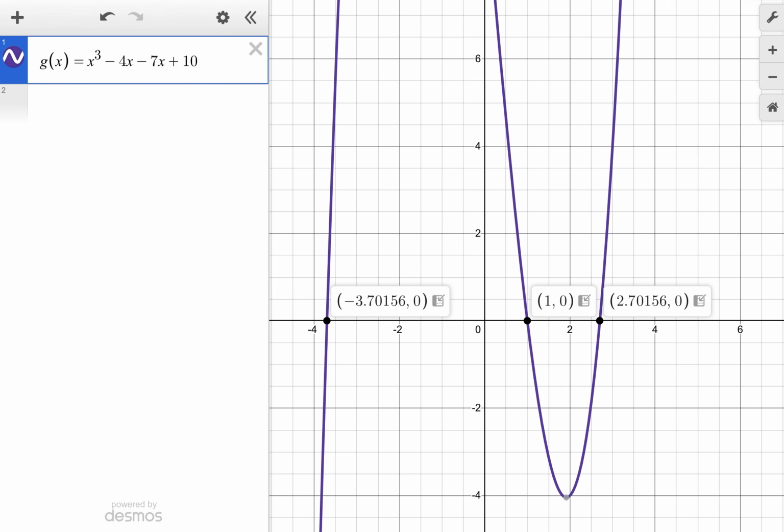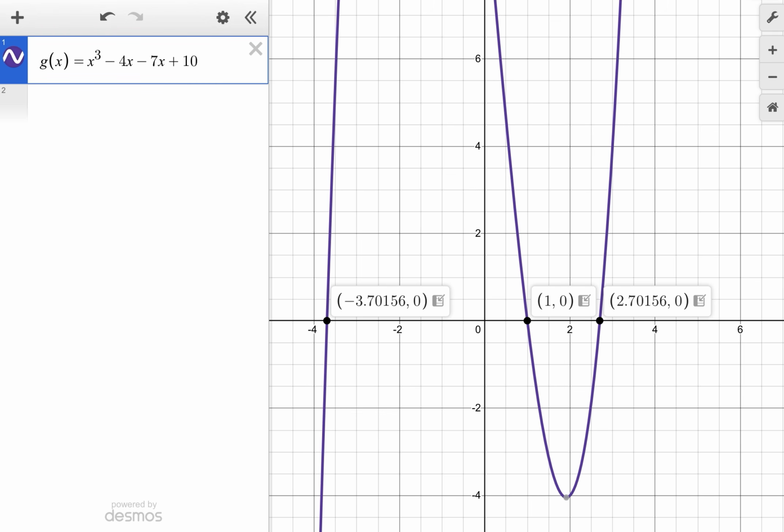Also, just so you know, this applies to identifying the roots of a quadratic or cubic expression, or even higher powers like x to the fourth, x to the fifth. Now, a common error is that you choose 0, because every x-intercept has y equals 0.